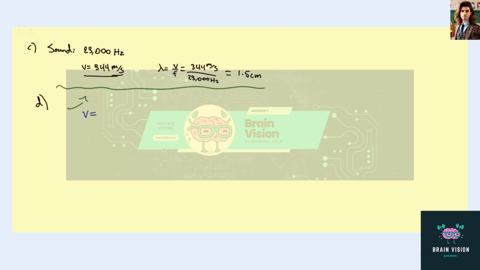Apparently in our body fluids, it's about 1,480 meters per second. So if we want to see what the difference in lambda is, it's 1,480 meters per second divided by 23,000 hertz. And what we're going to get is 6.4 centimeters.